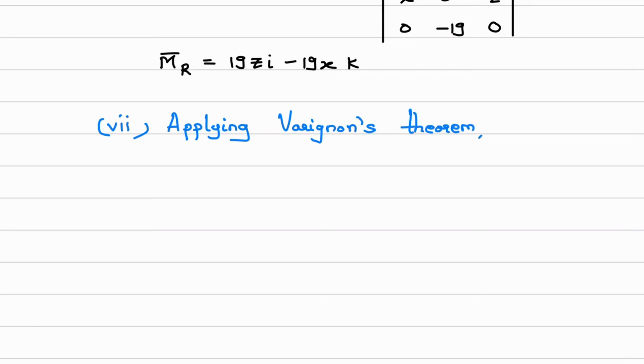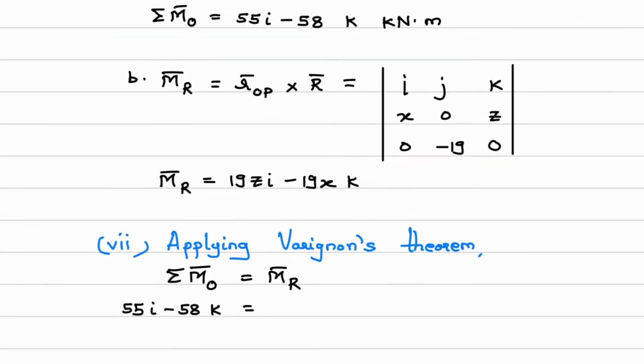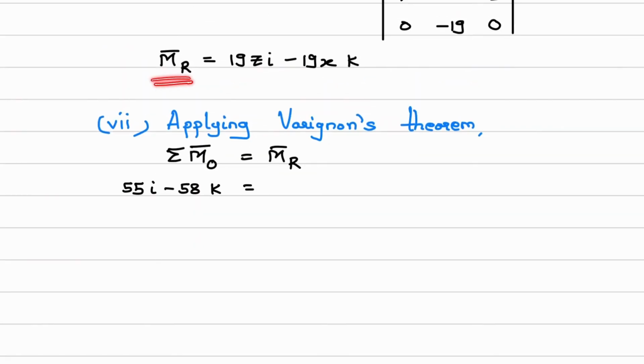So applying Varignon's theorem, the summation of moment vectors about point O is equal to the moment of the resultant about point O. This value I have written from here, and this value we can write here.